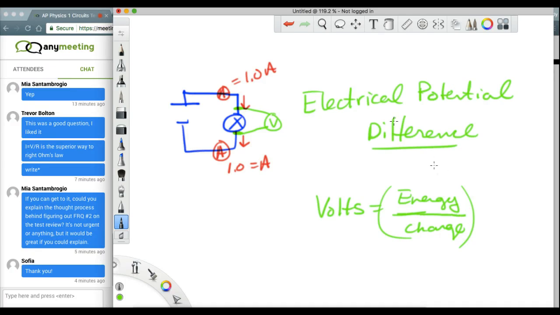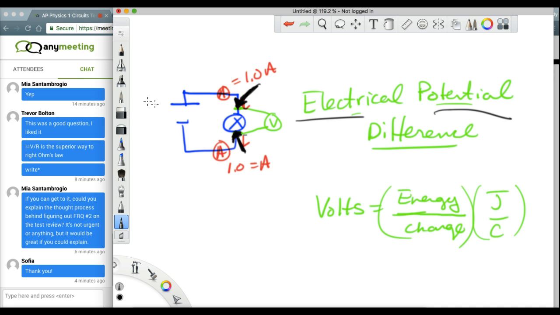And that would be electric potential. So that would be joules per coulomb. That's what volts is, joules per coulomb, or energy per charge. Now, the amount of energy per charge that the charges have at this point in the circuit will be different than the electric potential that the electrons have here in the circuit.